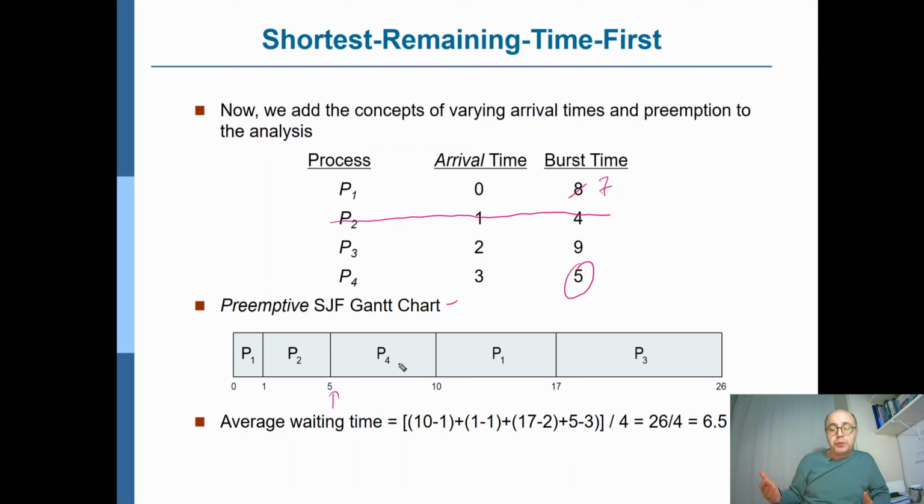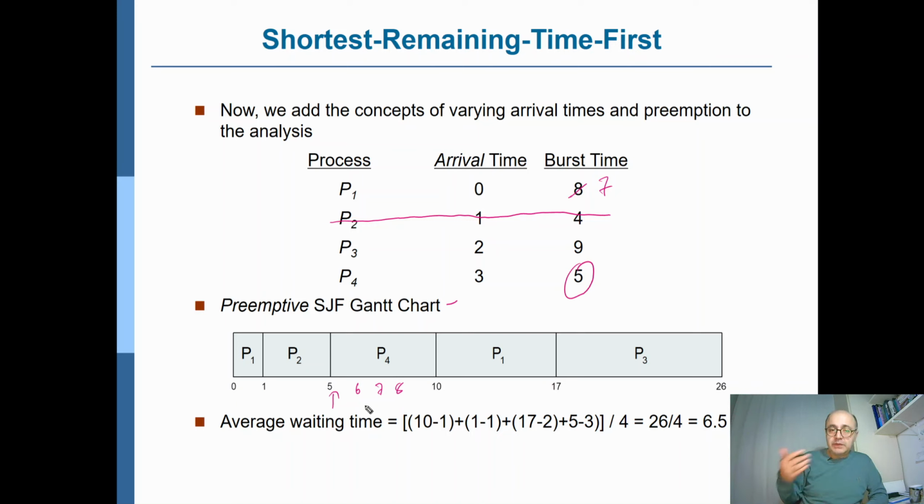Since no new process arrives, I don't need to consider what happens at 6, 7, 8, whatever. Because I've already picked the shortest one, and since it's executing, it's getting even shorter. So there is no need to make calculations.